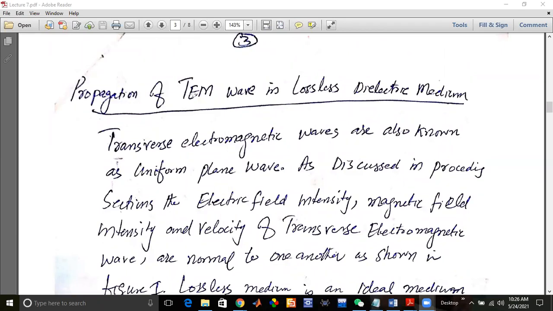As you know, phasors have a specific direction, but electric quantities are scalar quantities, and we can represent the scalar quantities in the form of phasors.